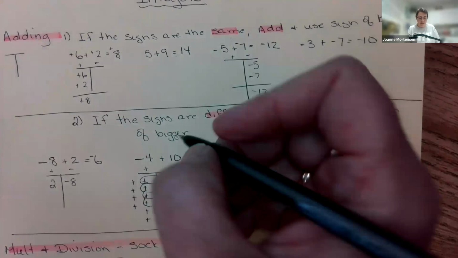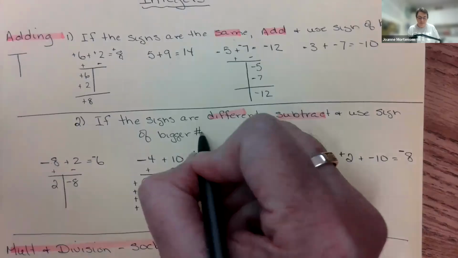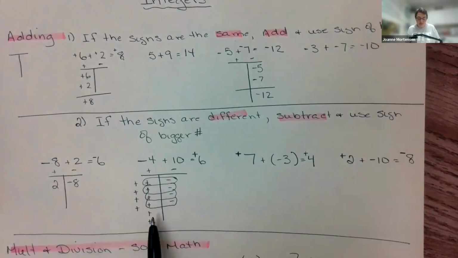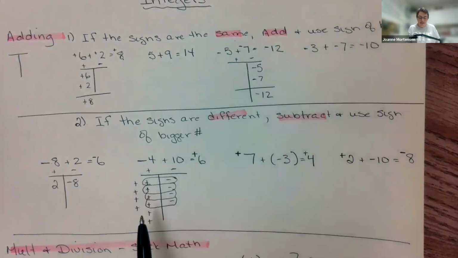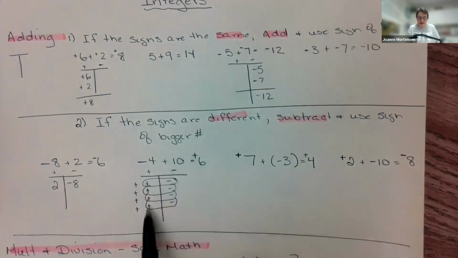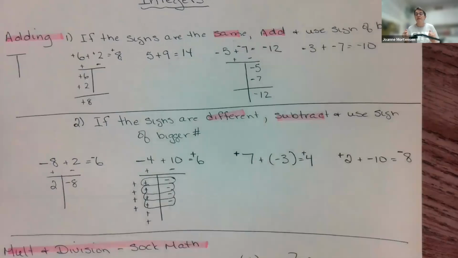And I did the same thing here, and I went through a bunch of examples, and I even showed here a different way of showing the T method, where I literally wrote out 10 little positives, 4 little negatives, and then the ones that are circled are the ones that are canceled off. So there's multiple ways of seeing this and multiple ways of getting it figured out. Whatever works for you is awesome. And that's what I need you to do.